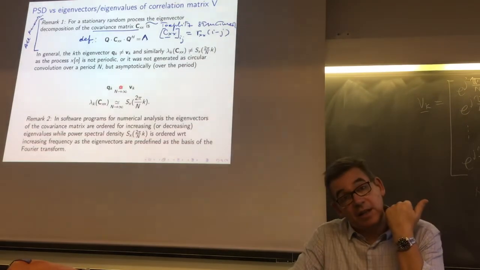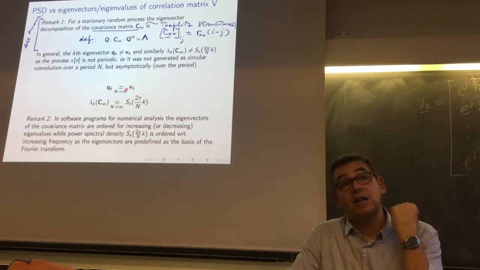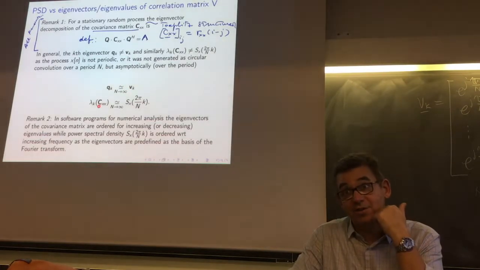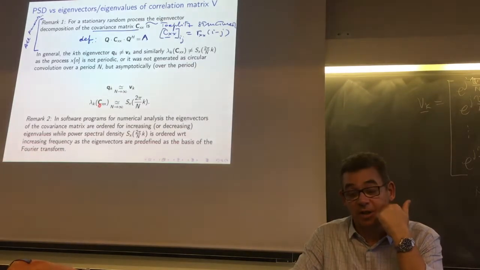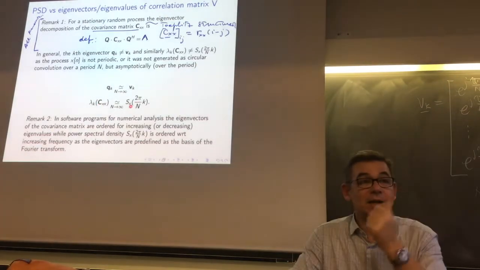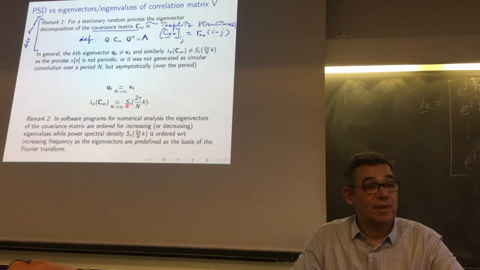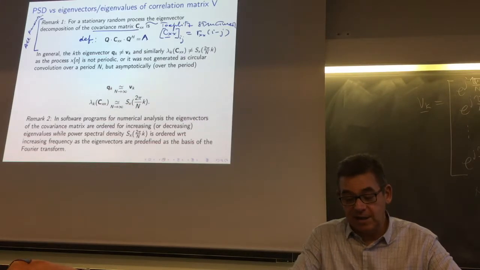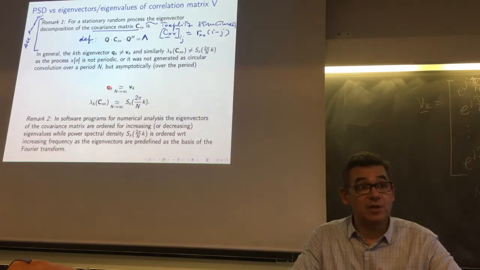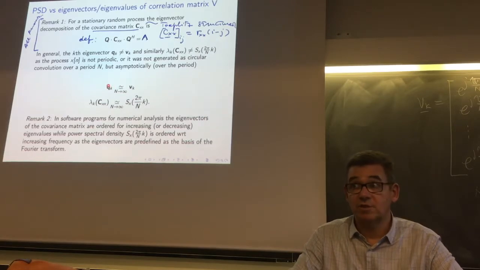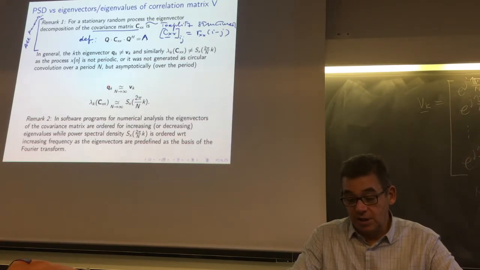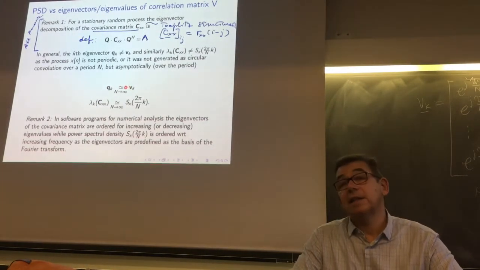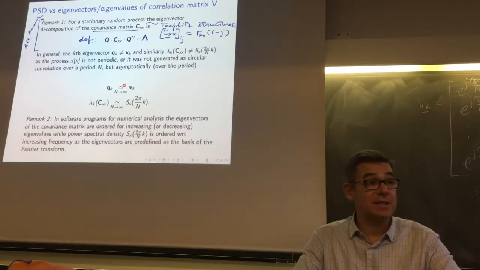So asymptotically, the eigenvectors are complex sinusoids. And the eigenvalues, a very important property, coincide with the power spectral density of x. That's the link between the two. For a large enough number of samples, the eigenvectors and the sinusoids coincide, which means the eigenvectors behave similarly to a sinusoid.